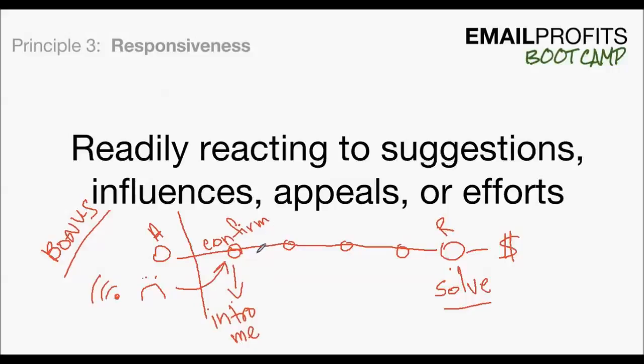You can introduce what's called in a lot of different circles an attractive character, a hero. You can introduce someone that is going to be the conduit between their problem, their desires, their hopes and dreams and pains, and the ultimate solution.